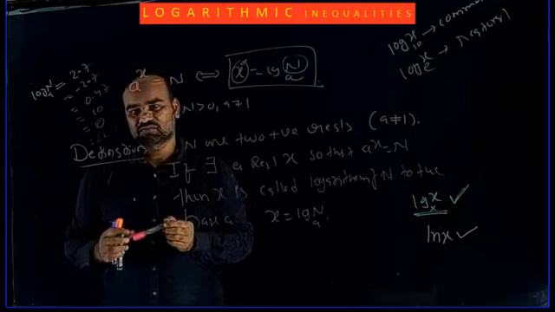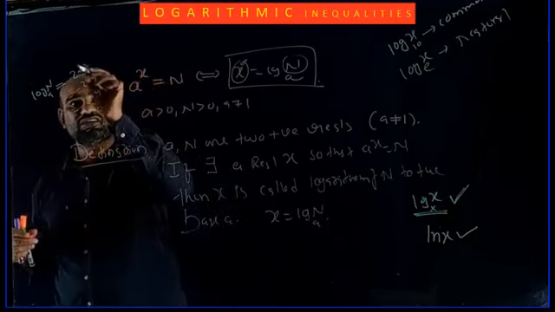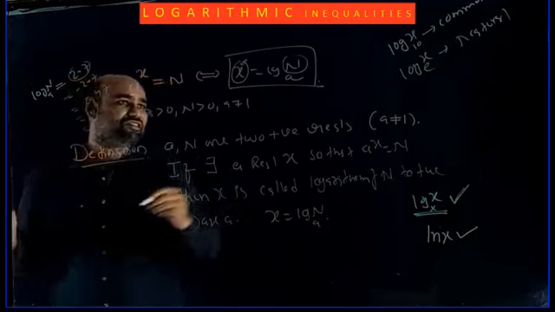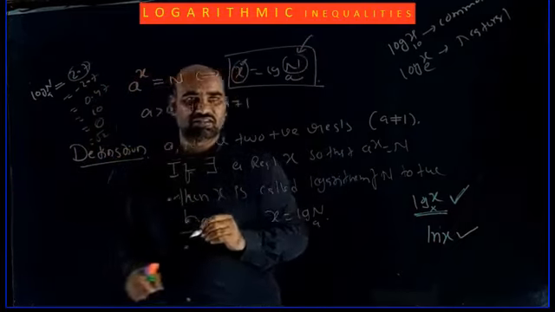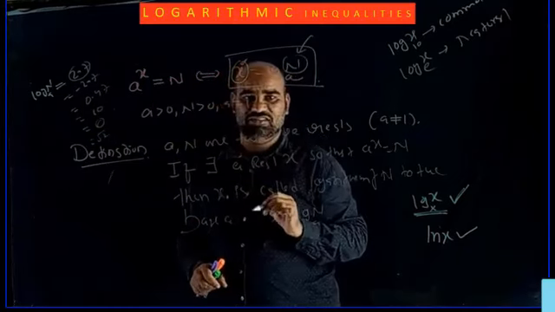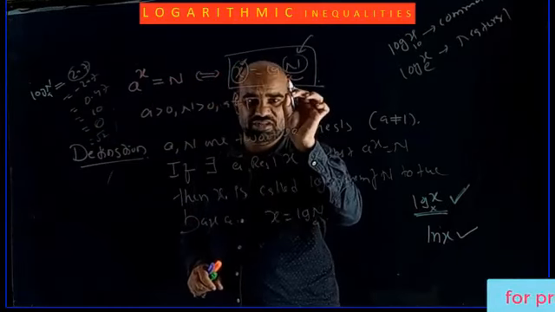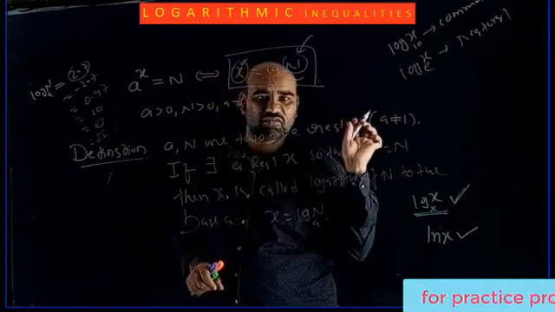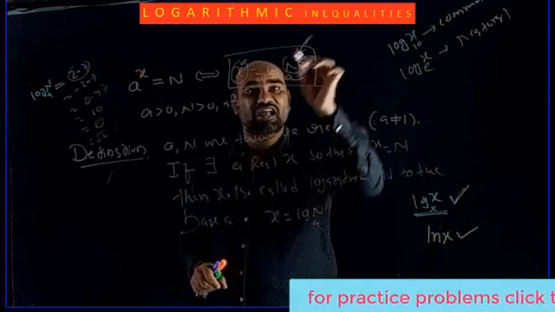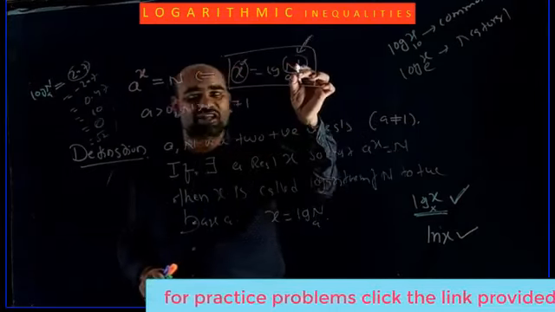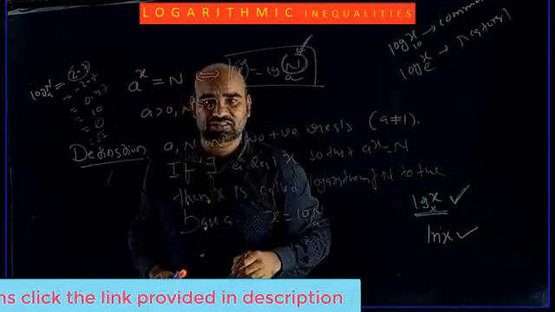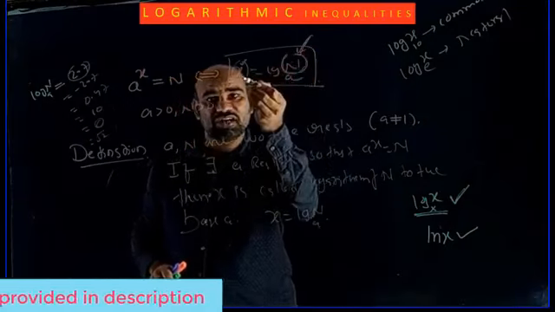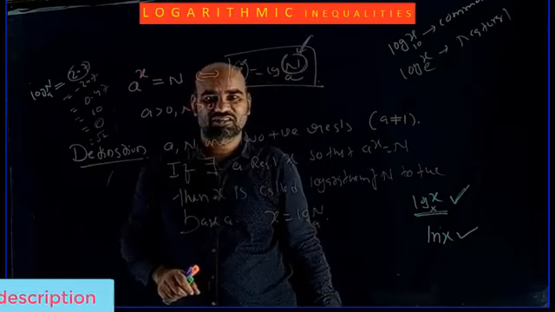Important note: this is any real number. See here, n is a positive real number, x is any real number, a is a positive real number not equal to 1. Logarithms are defined only for positive real numbers. Here n is called the domain of the function, and what you get as output, x, is called the range of the function.